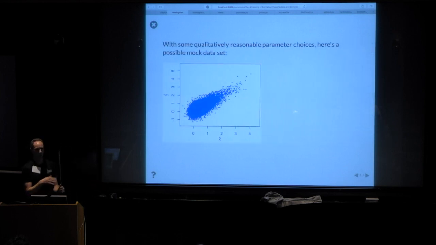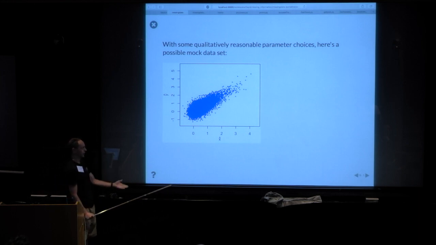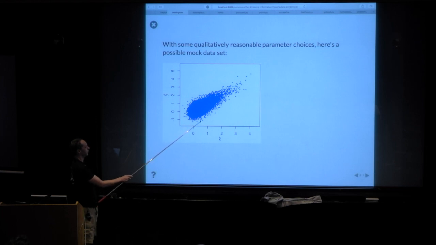So, throwing in some qualitatively reasonable estimates for parameters, because we already know something. Here's a mock data set that I generated using my generative model. Every little point here is a pretend galaxy cluster. This is measured x versus measured y.